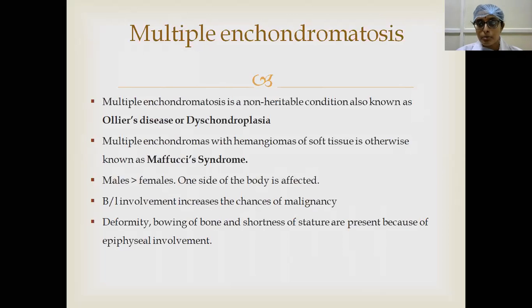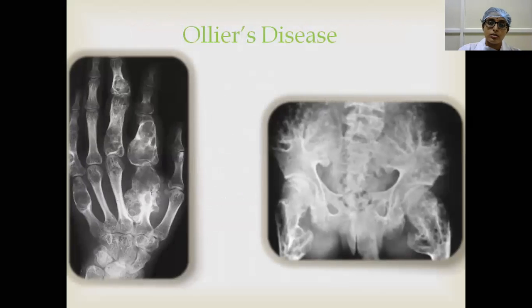And because multiple areas are involved, sometimes if the epiphysis is involved, there will be some deformity or bubbling of the bones, and shortness of the limbs is present. So these are the X-rays of Ollier's disease, where you can see multiple lesions, multiple enchondromas.